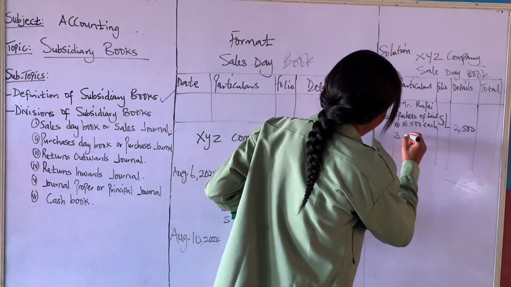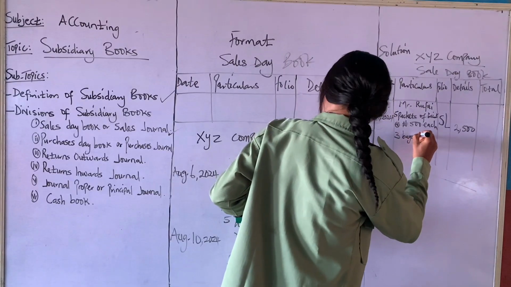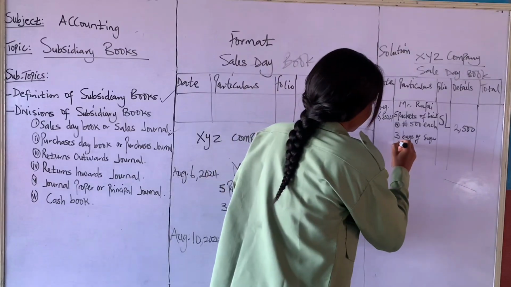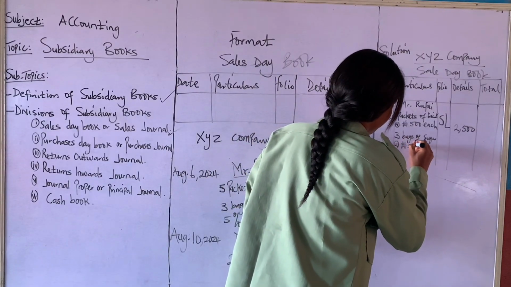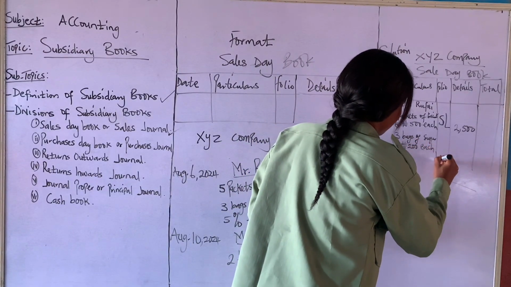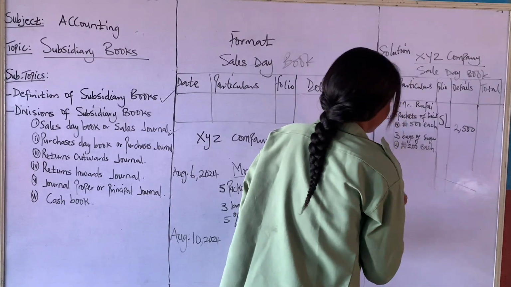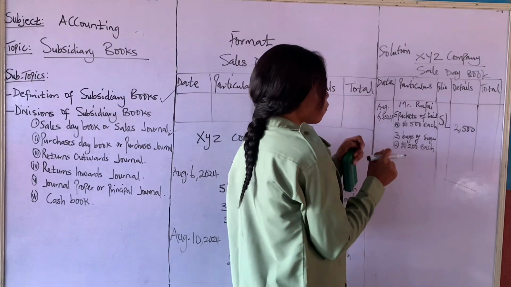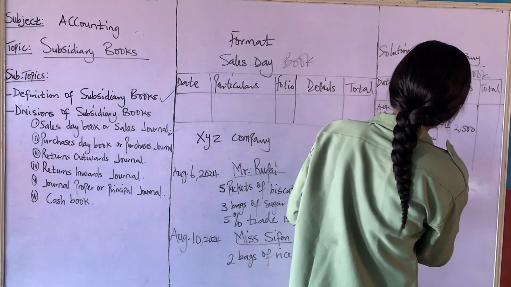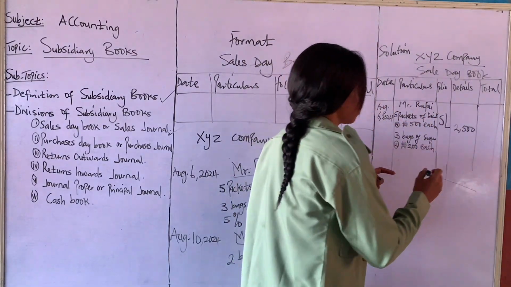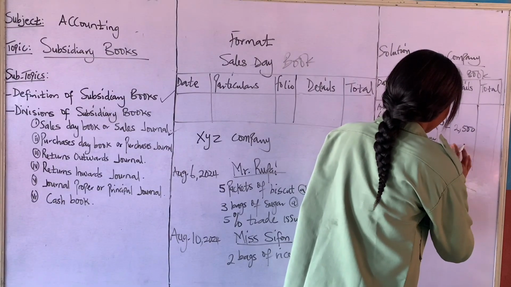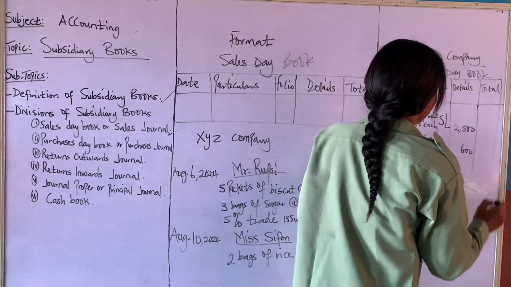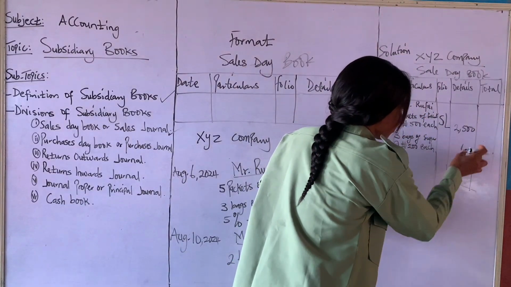He bought 3 bags of sugar at the rate of 200 naira each. Are we together? If you multiply 3 by 200, that will give you 600 naira. So just come here and write 600 naira.